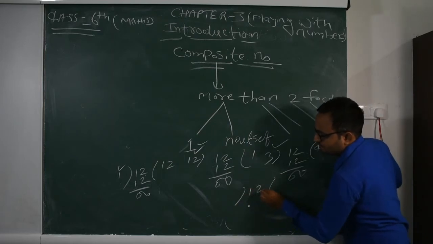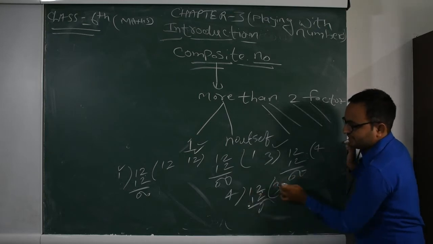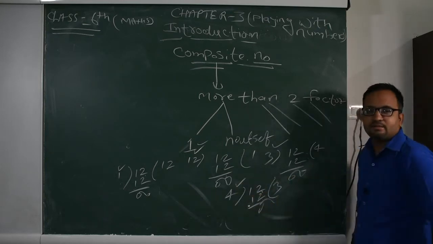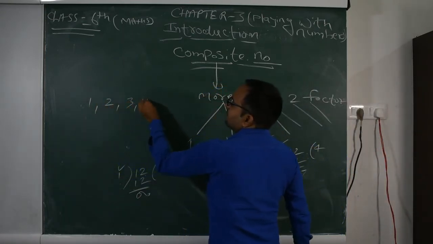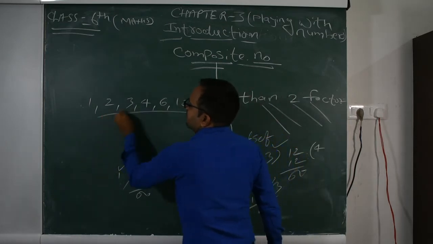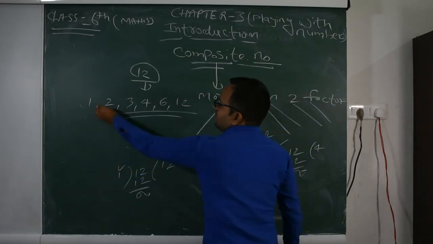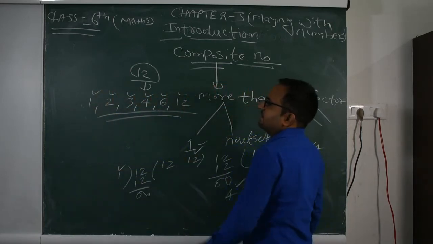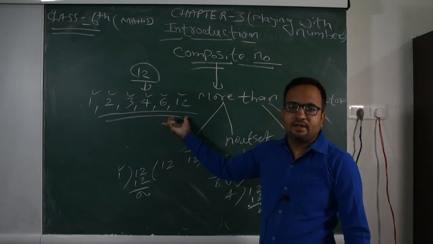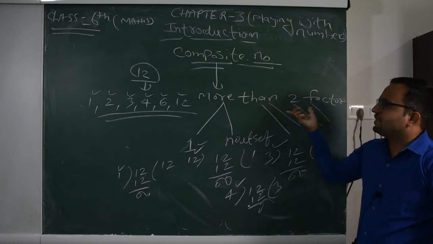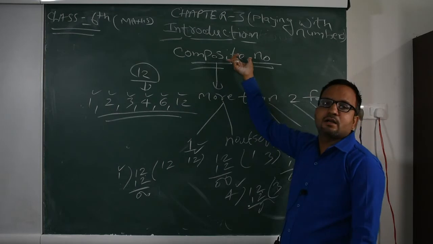Again 4: 4 threes are 12, so 4 is a factor too. So the factors are 1, 2, 3, 4, 6 and 12. How many factors? 1, 2, 3, 4, 5 and 6. Six numbers are factors of the given number. If you have more than 2 factors, you call it a composite number. That means 12 is a composite number.